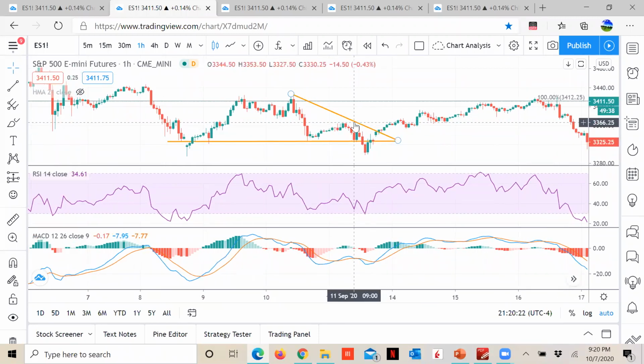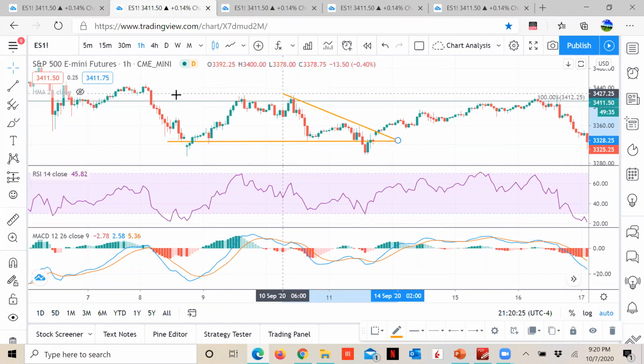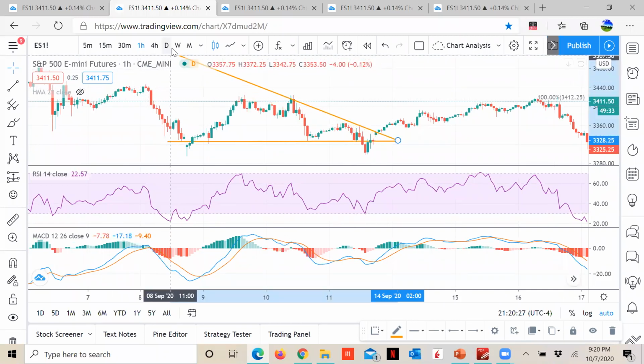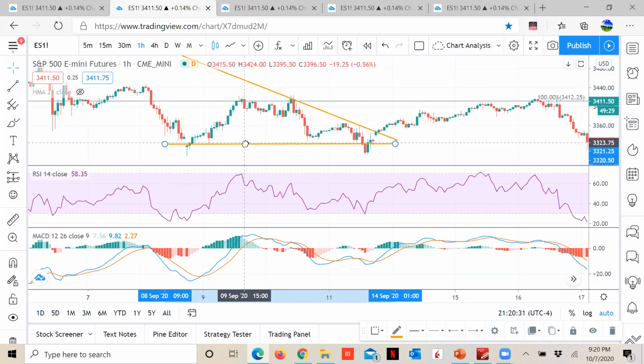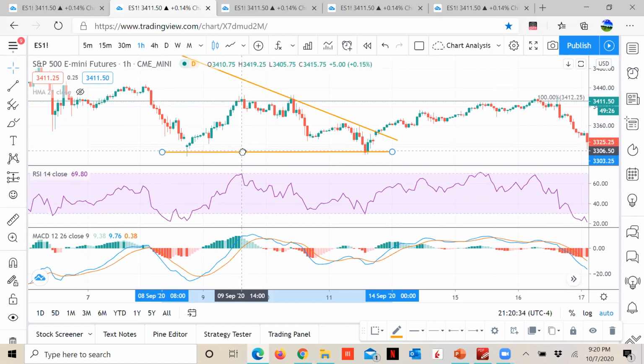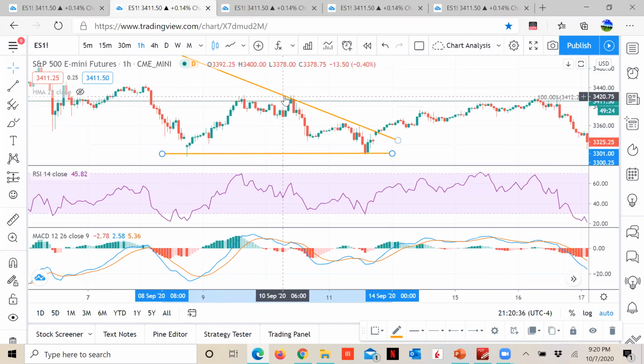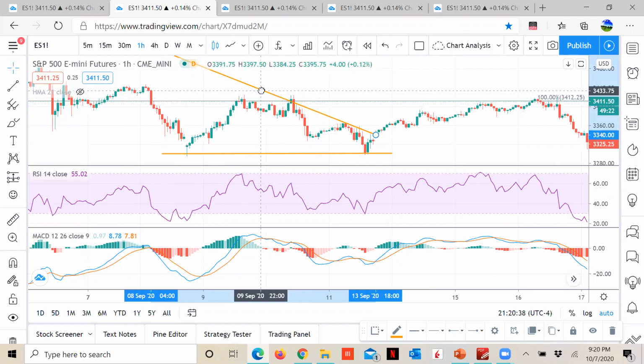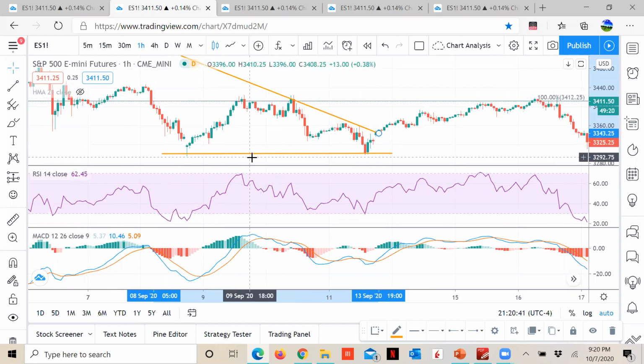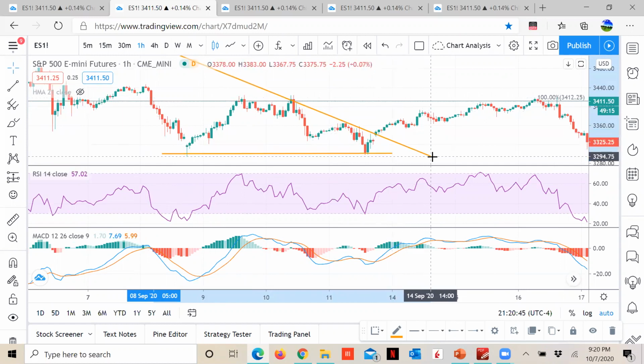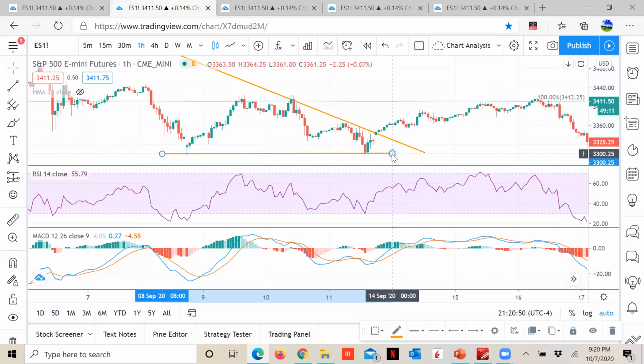Kind of drew the converging line a bit early on this side.